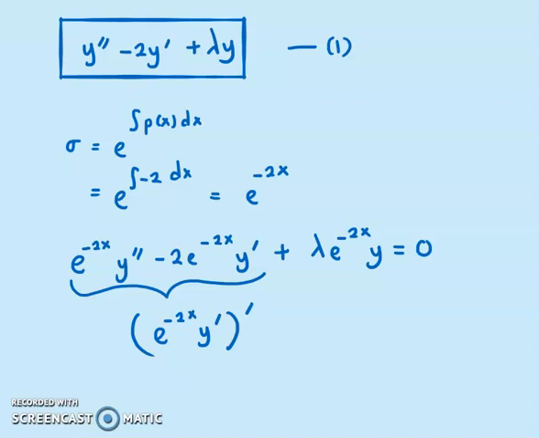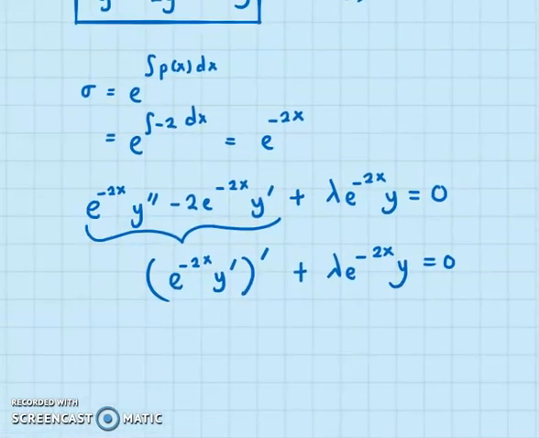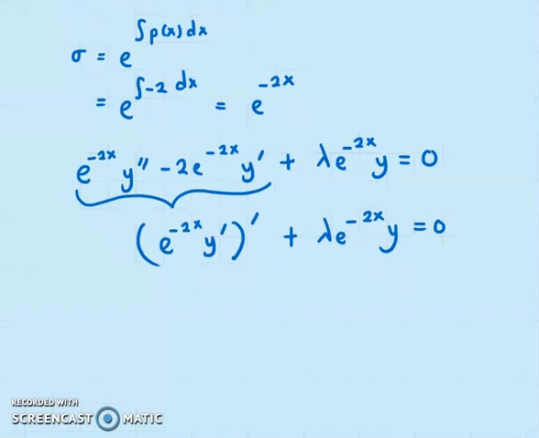You have learned this, solving first order using an integrating factor, but now the difference is we are using second order. And this one here plus lambda e^(-2x) y. Again, if I use the product rule to differentiate this a second time, this is what I have. I get back the same thing.